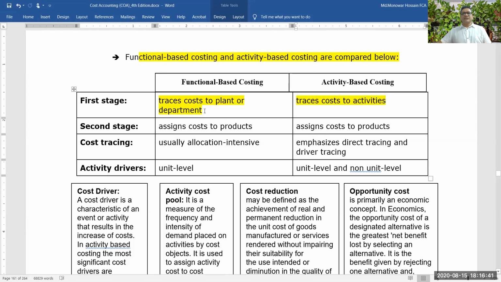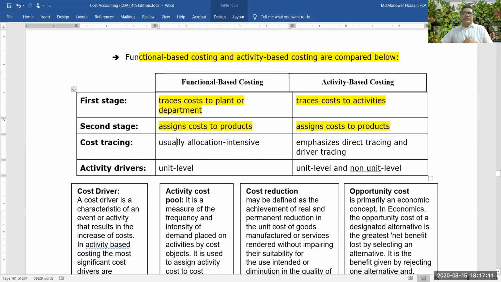So the difference is that functional costing traces cost to plant or department in the first stage, but activity based costing traces cost to activities. In the second stage, cost is assigned to the product under both functional based costing and activity based costing. The second stage is the same.